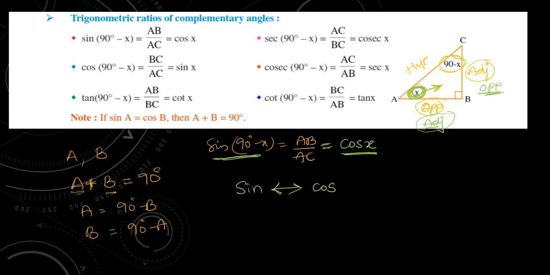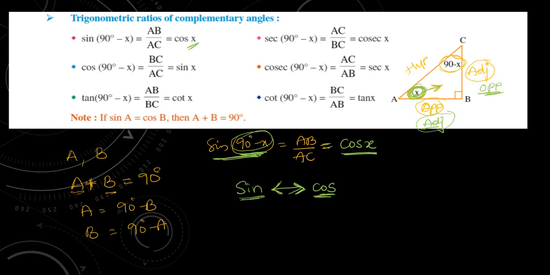This double sided arrow explains that whenever you have sin of 90 minus x, it will be changed as cos x. Now you may have a doubt, where has that 90 gone? Because of that 90, sin has been changed, right? So these changes occur. Whenever you have this particular 90 minus x, sin changes as cos and cos changes as sin.